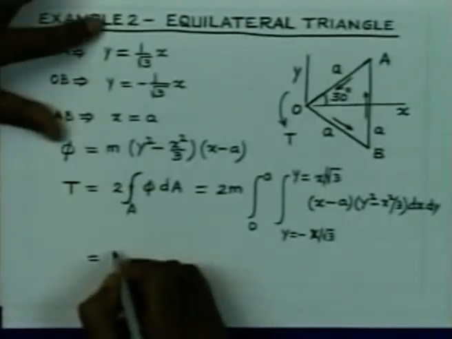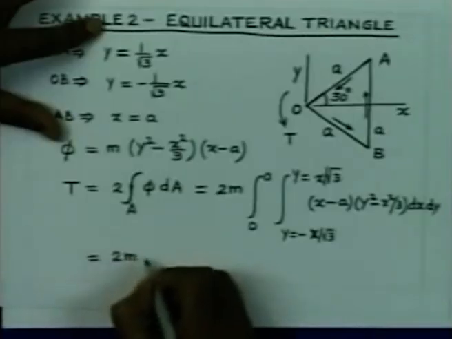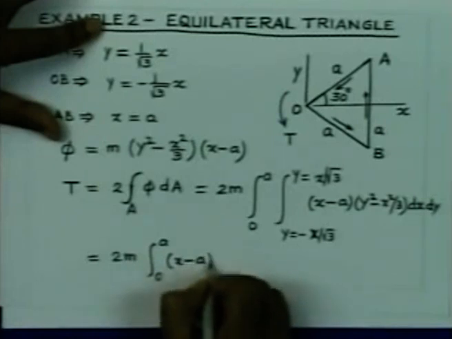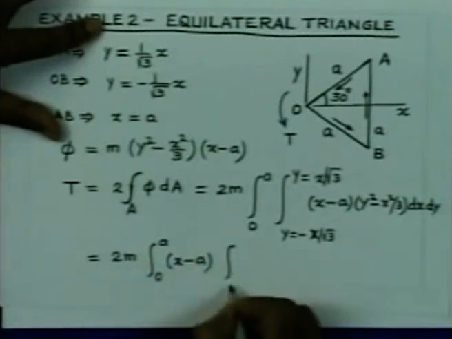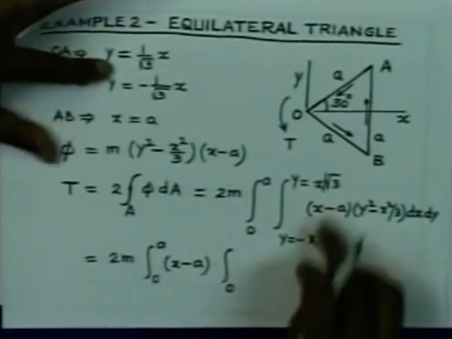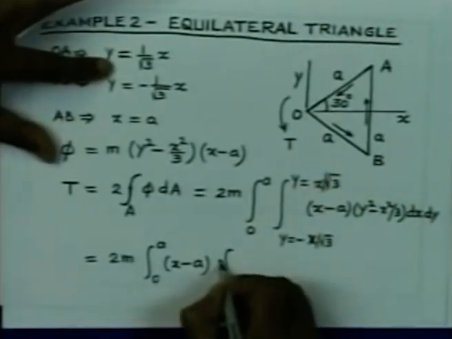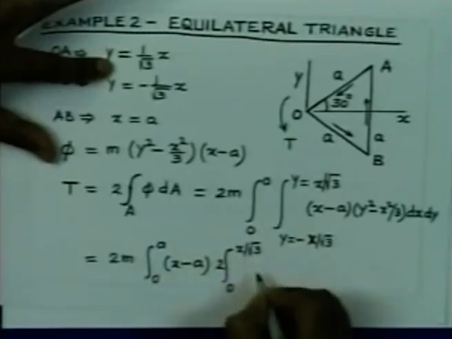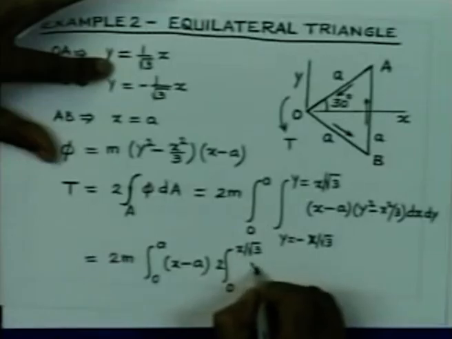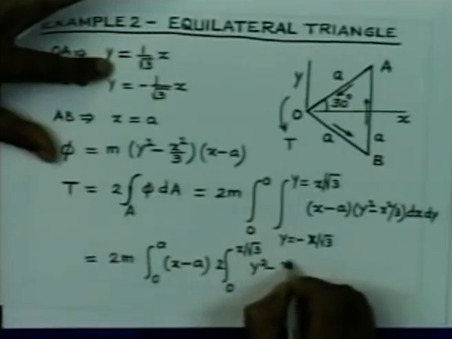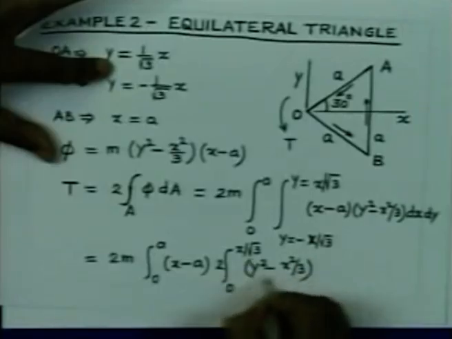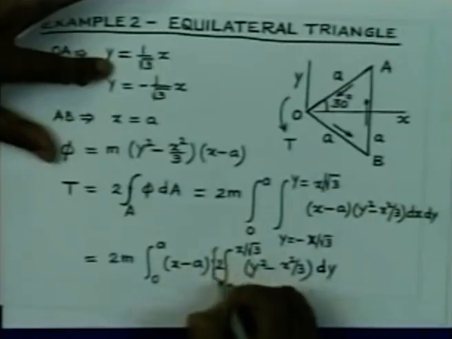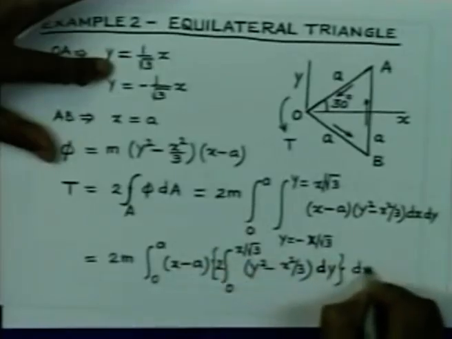So, if we integrate with respect to y first, this is symmetric, so therefore we can really write this thing as 0 to x by root 3 and integration of y square minus x square by 3 dy dx.